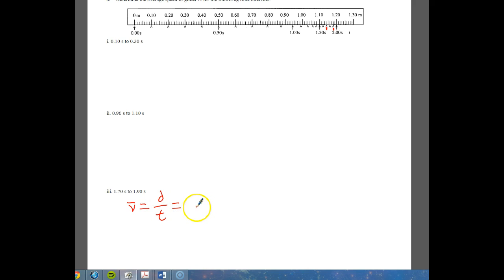So our distance here is about 1.18 meters minus 1.14 meters, and we're going to divide that by our time, which is 1.9 minus 1.7. And so we end up with 0.2 meters per second.